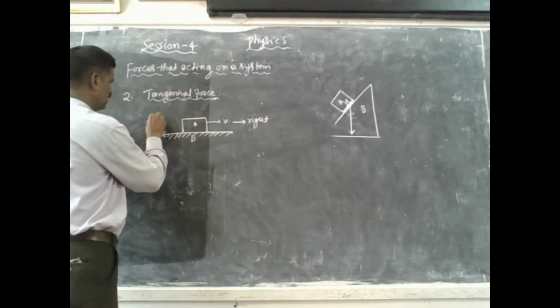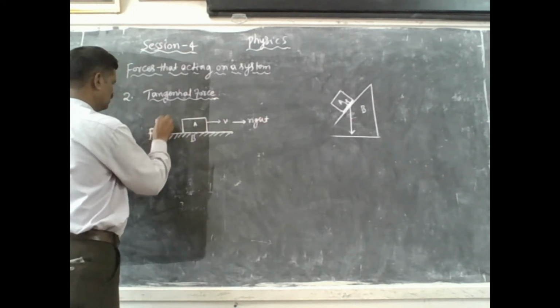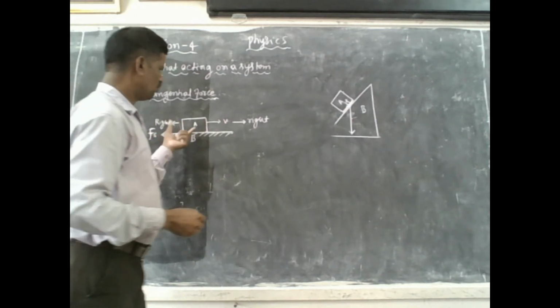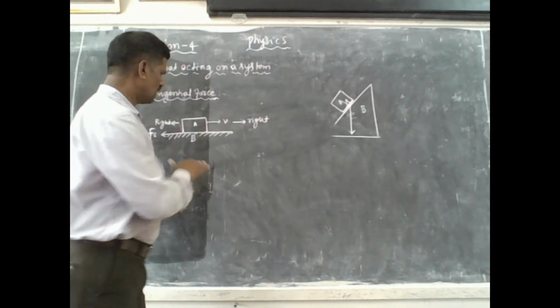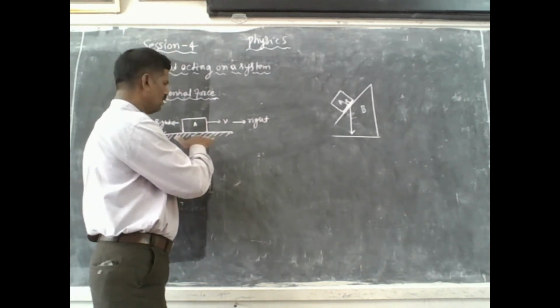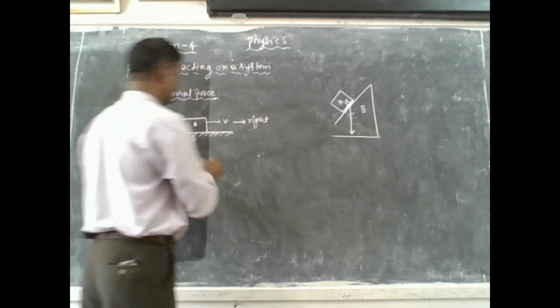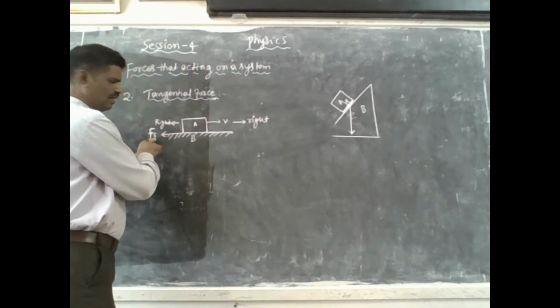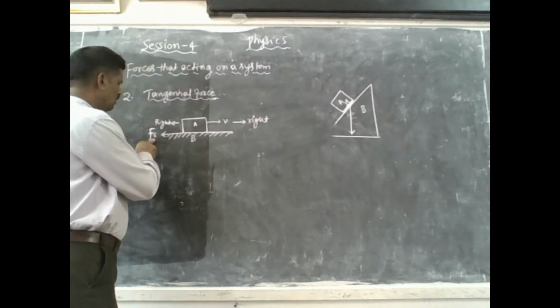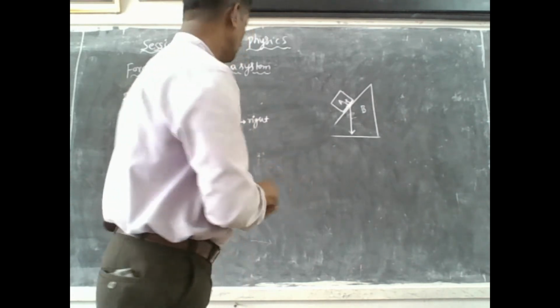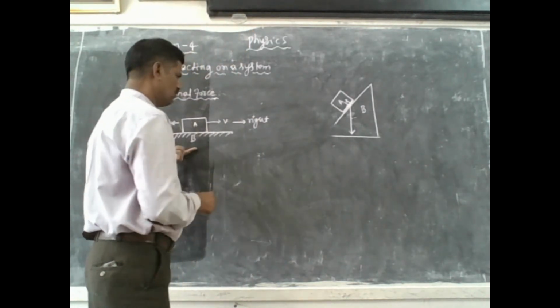Suppose body A moves on the rough surface of B in the right direction. Therefore, the frictional force or tangential force develops in the opposite direction. So this is known as tangential force.